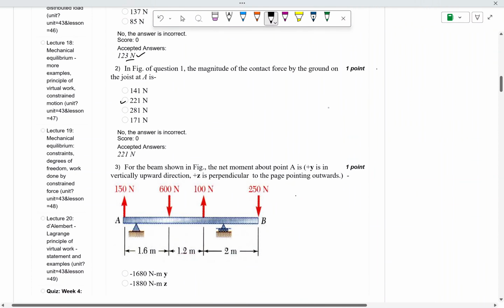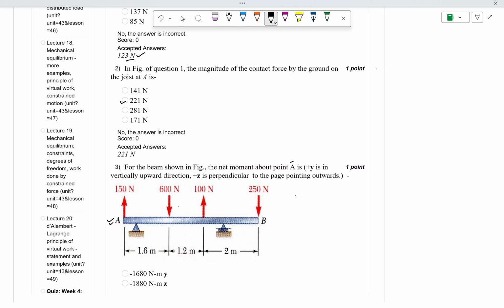Now question number 3 is basically for the beam. In the image there is a beam that is shown, and you have to calculate the net moment, the moment of force, that is basically the torque, about the point A. A point is here. So about this reference point, you have to calculate the torque.